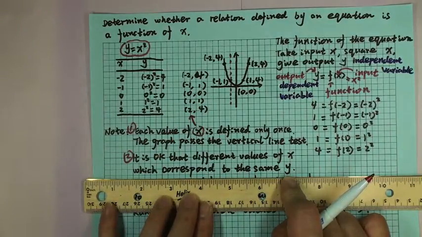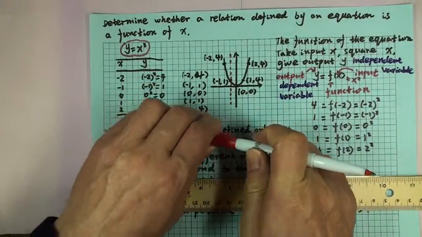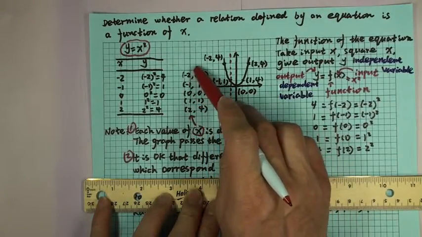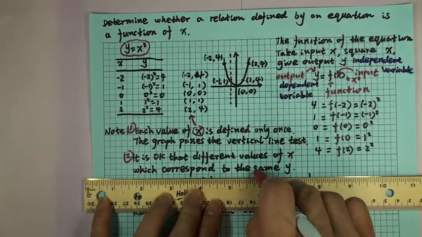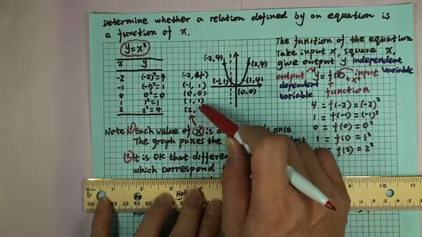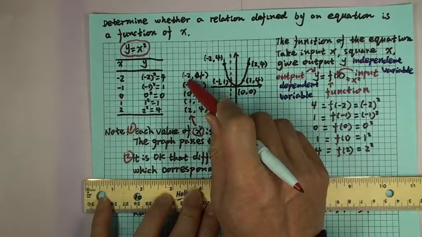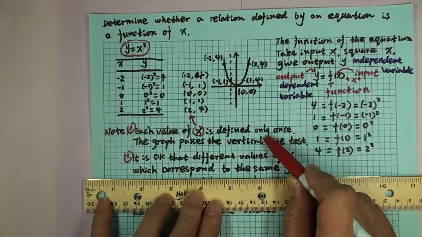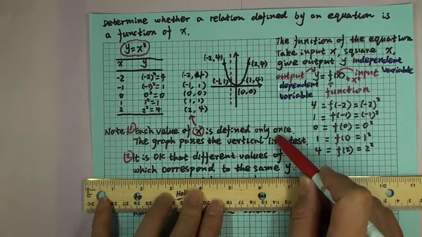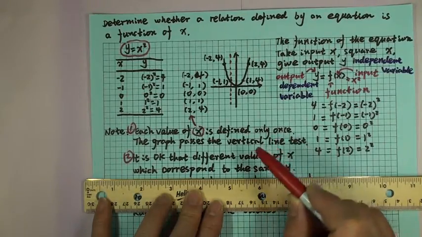It is okay to do that, but it cannot be like -2 goes to 2 different values. The different x can go to the same value, but one x cannot be defined more than once, that's to say one x cannot correspond to more than one y.